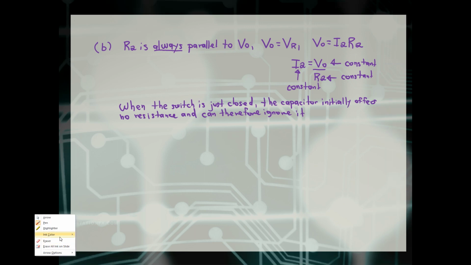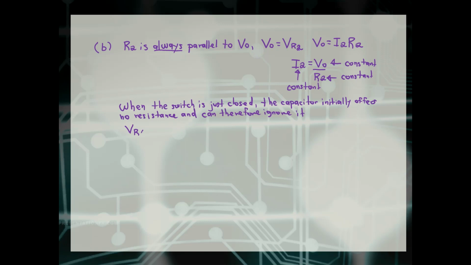Once again, I'll summarize that point. So say V R1. Oh, sorry, I just realized up here this should have been R2, not R1. That's resistor number 2.